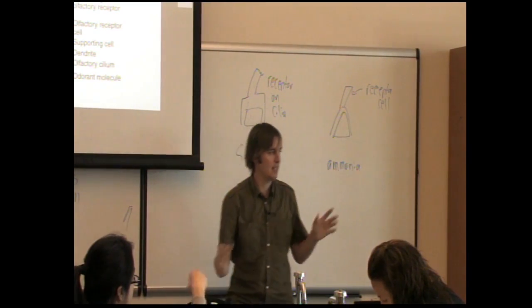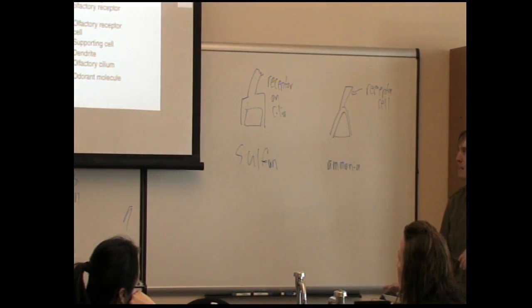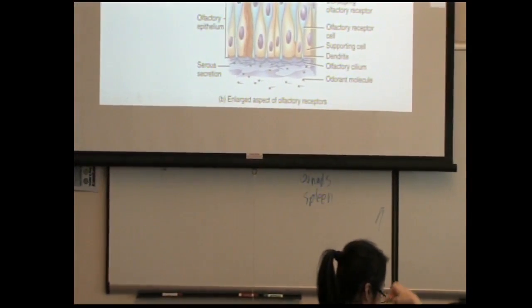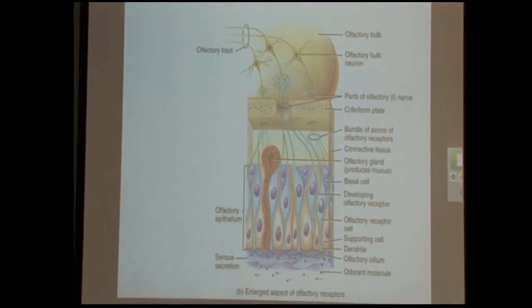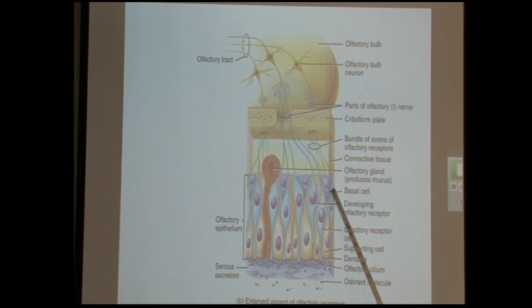Except in the intestine, they're catching nutrients and bringing them in, whereas here, you're just binding to it. And then we've got all our supporting cells. There are the gland cells that make mucus. And if you notice, our basal cell is sitting there waiting to replace this blue cell if it dies.